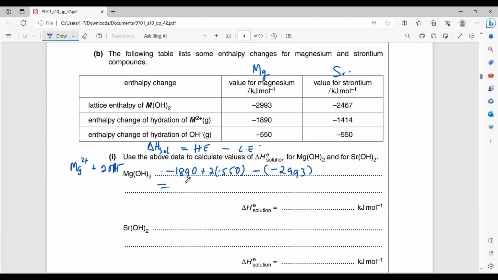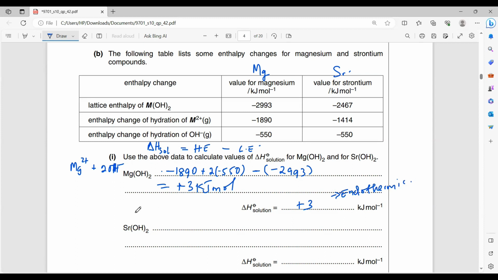So you have just plus 3 kilojoules per mole. So you can just put 3 here. That's plus 3, telling you that this value is endothermic, okay?